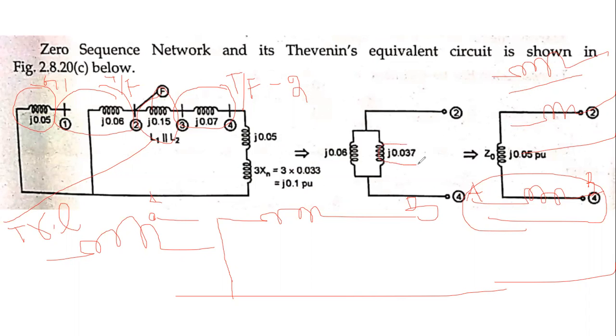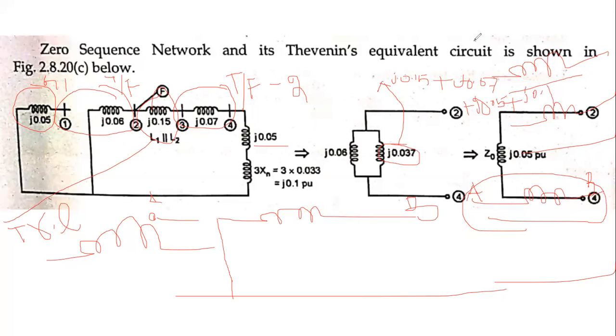How do we obtain 0.37? We add all the reactances, that is J0.15 plus J0.07 plus J0.05 plus the neutral reactance, that is J0.1.